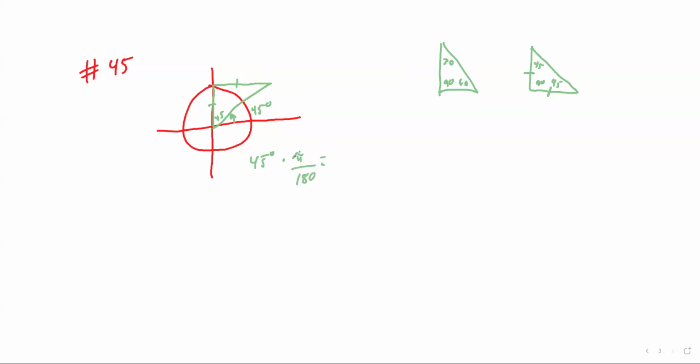You want to keep the terms in pi. So this is how I do it. I just write pi as my answer, and then I'll do 45 divided by 180 in the calculator to simplify the fraction, and I get pi fourths. And then they might also add in RAD to represent the radians.